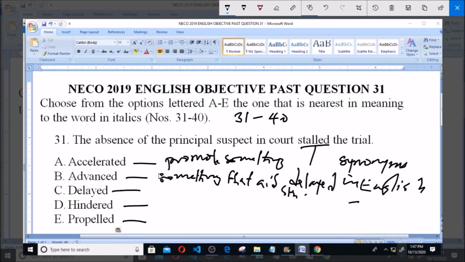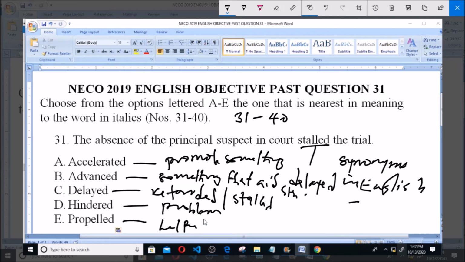Then also delay. Delay means retarded or stalled. The hindrance means problem. Then prepare means helps, and so on.